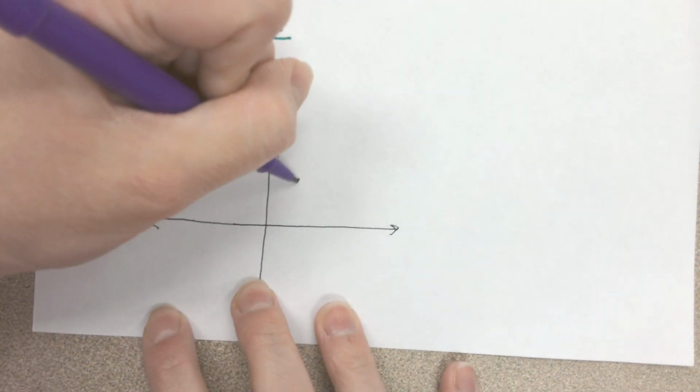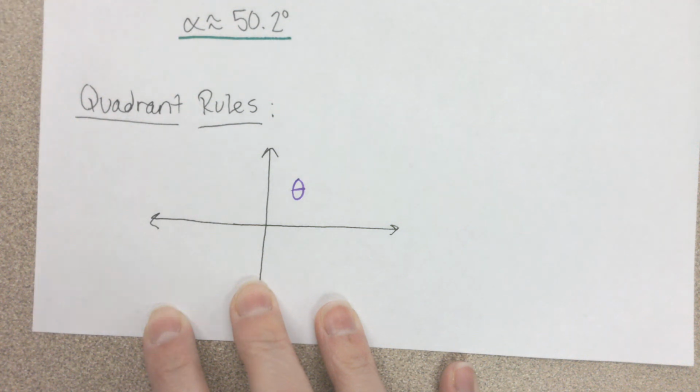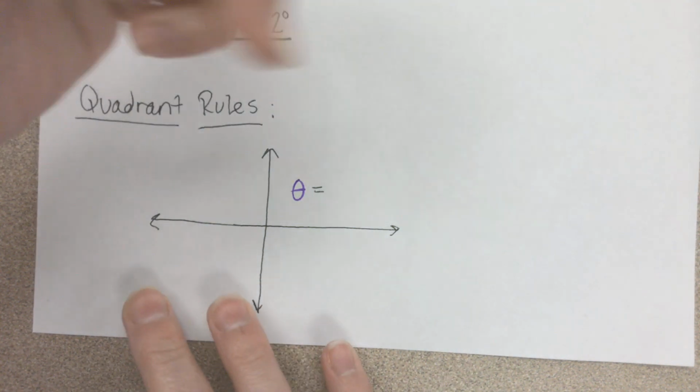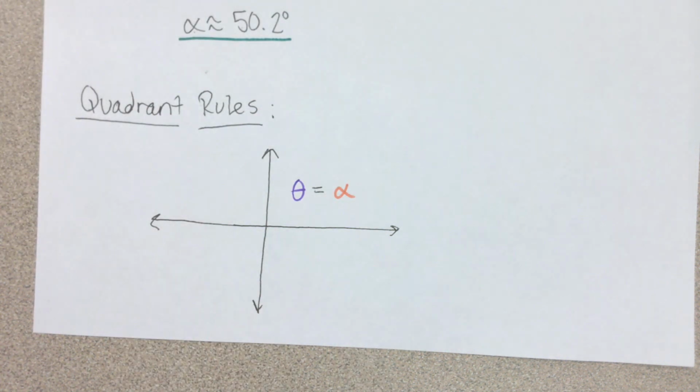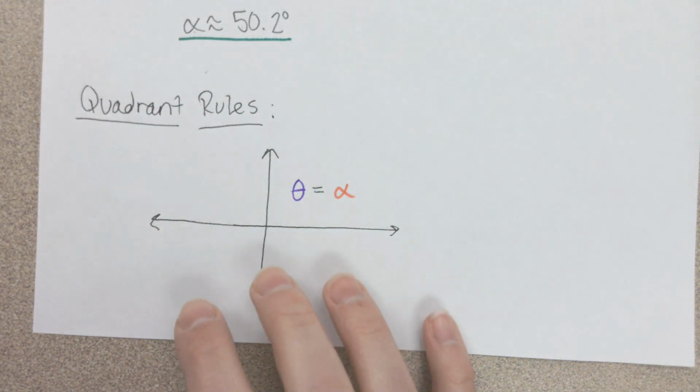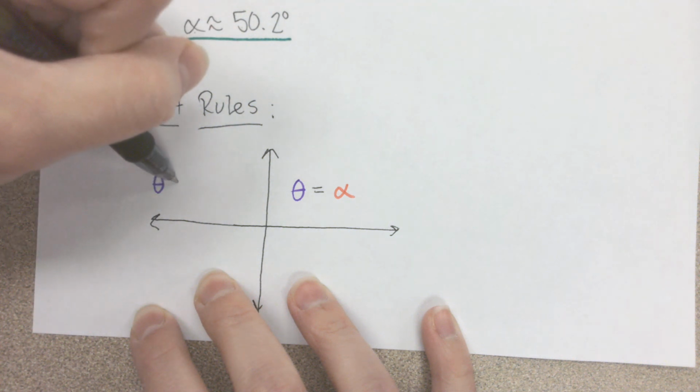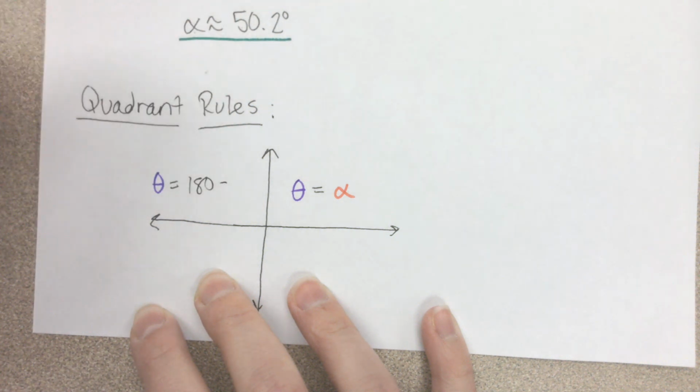First quadrant, we didn't get that today, but first quadrant is the nicest quadrant because it's where theta and alpha are actually the exact same value. They will always be equal to each other. Second quadrant, we just had that. It's where theta is 180 minus alpha.